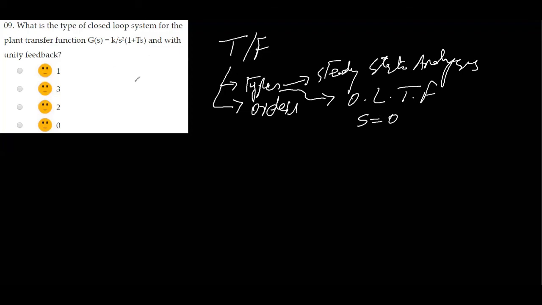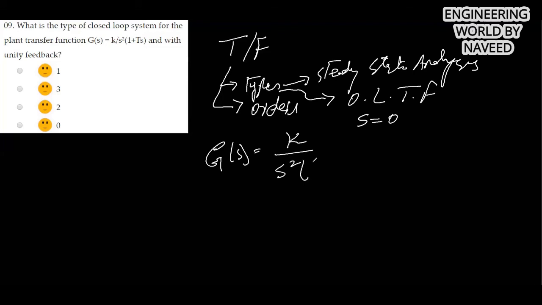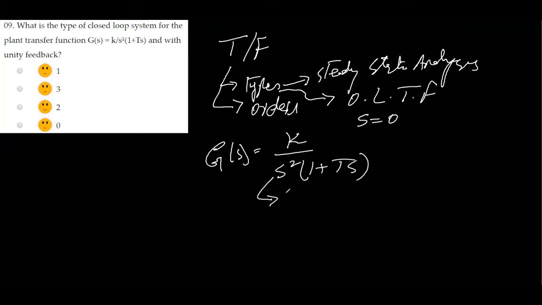So here the open loop transfer function is K divided by s squared (1 plus Ts). So we have two open loop poles at the origin, so this transfer function will be type 2. So option C is the correct answer.